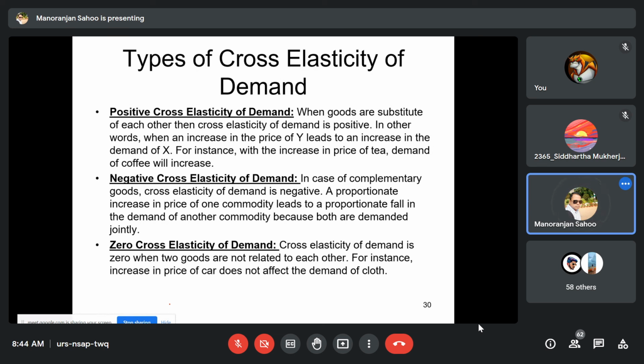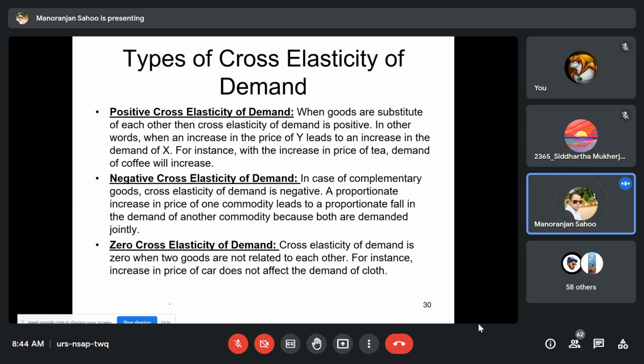Example, the petrol price and demand for the car. If petrol becomes more and more expensive, then your demand for the car will reduce, because petrol and the car are complementary to each other. If you have to buy the car, you have to buy petrol.